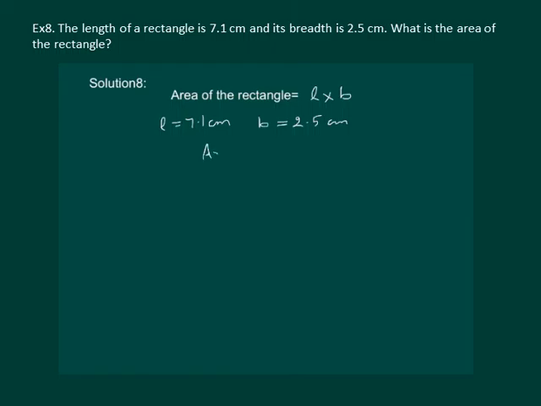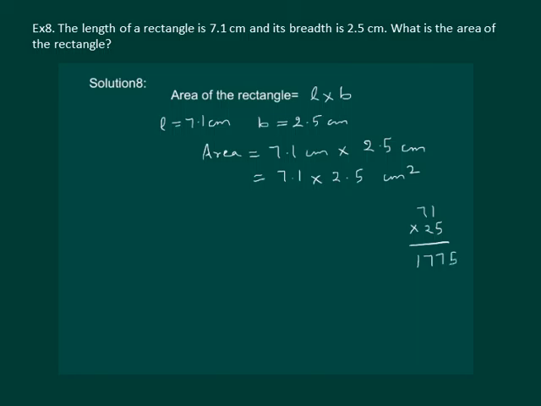So the area is equal to 7.1 centimeters into 2.5 centimeter, which is same as writing 7.1 into 2.5 centimeter square. Now simply multiply 71 with 25.